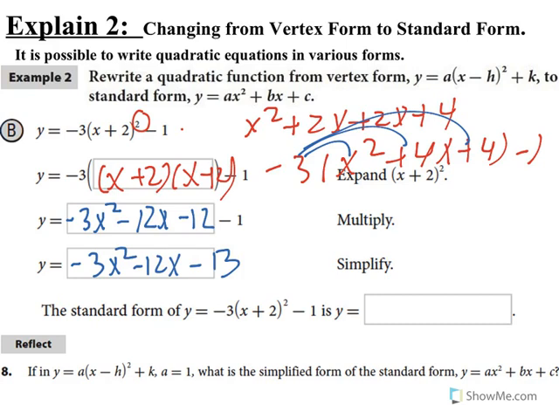Okay, so then this is our standard form, right? So we see that the standard form of the vertex form is negative 3x squared minus 12x minus 13, right? Okay, so we see that if in y equal to a quantity x minus h quantity squared plus k, where a equal to 1, what is the simplified form of the standard form?